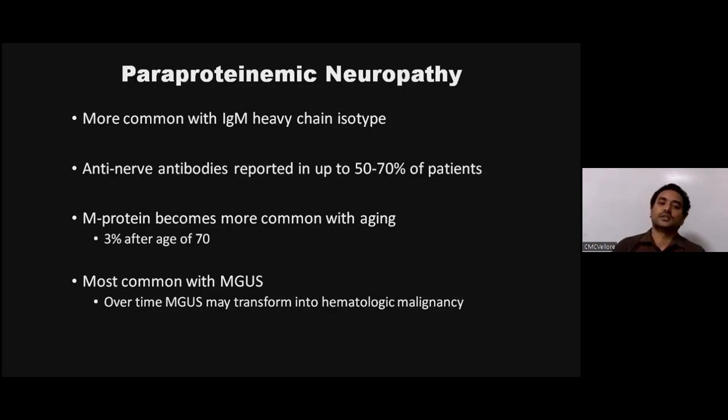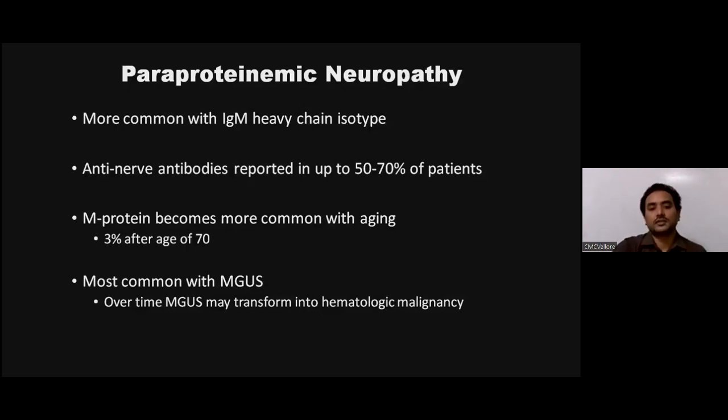The other point is that with advancing age the incidence of M protein increases, and the association of neuropathy with monoclonal protein can sometimes be coincidental. The incidence is around 3% after the age of 70. The literature says that after 55 to 60, if you get an M spike you should be a little relaxed, but if it is below 55, you should take it as pathological unless proved otherwise.